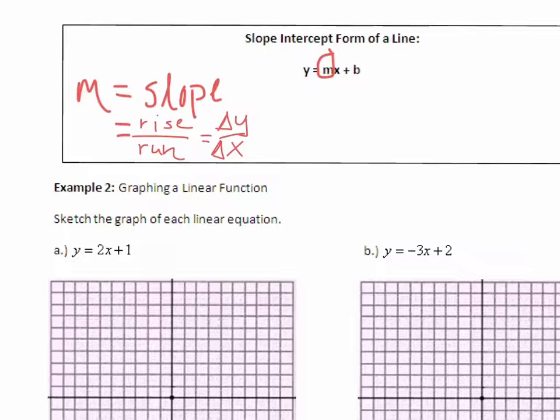So we say that delta y up top there is change in y, delta x is change in x. The next thing I saw, this b value, that is your y-intercept. In other words, the place where the graph grabs on to the y-axis. It's usually the point (0, b).